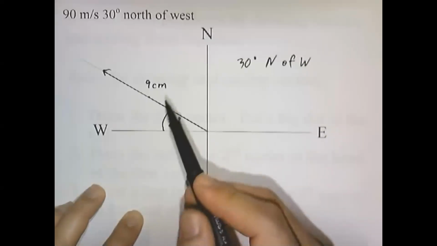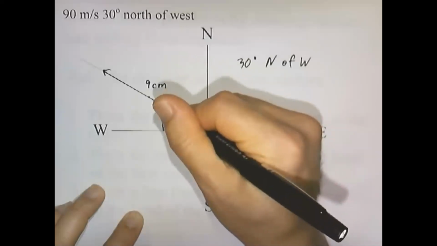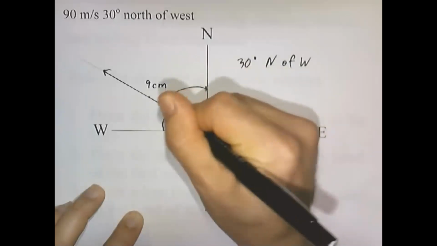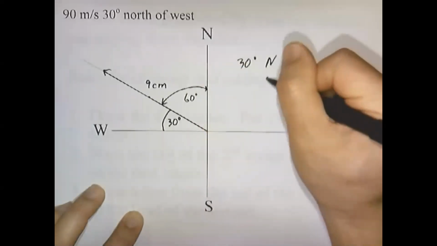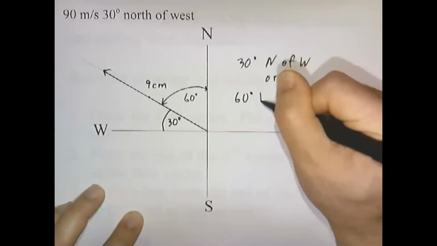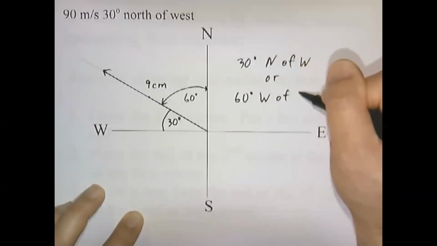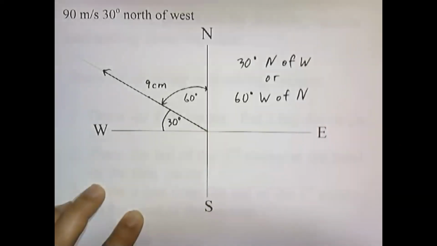And it's also pointing 60 degrees west of north. See, this angle right here is 60 degrees, or 60 degrees to the left of north.